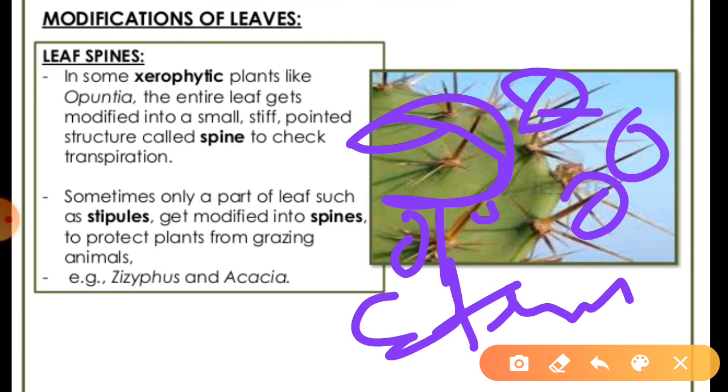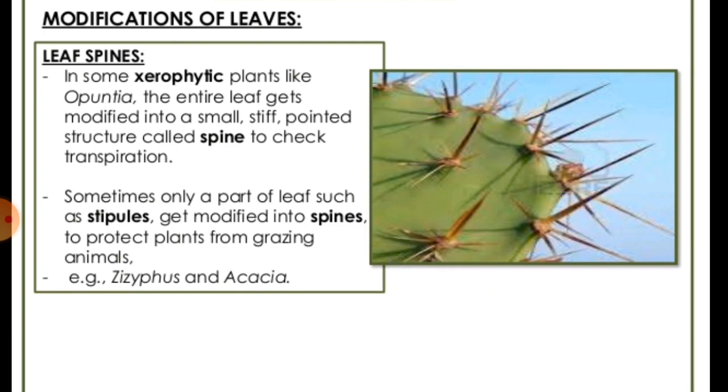So this is a type of modification. Why can these leaves get such structures? Because they play another role. They become small stiff pointed structures, that is the spine, right.